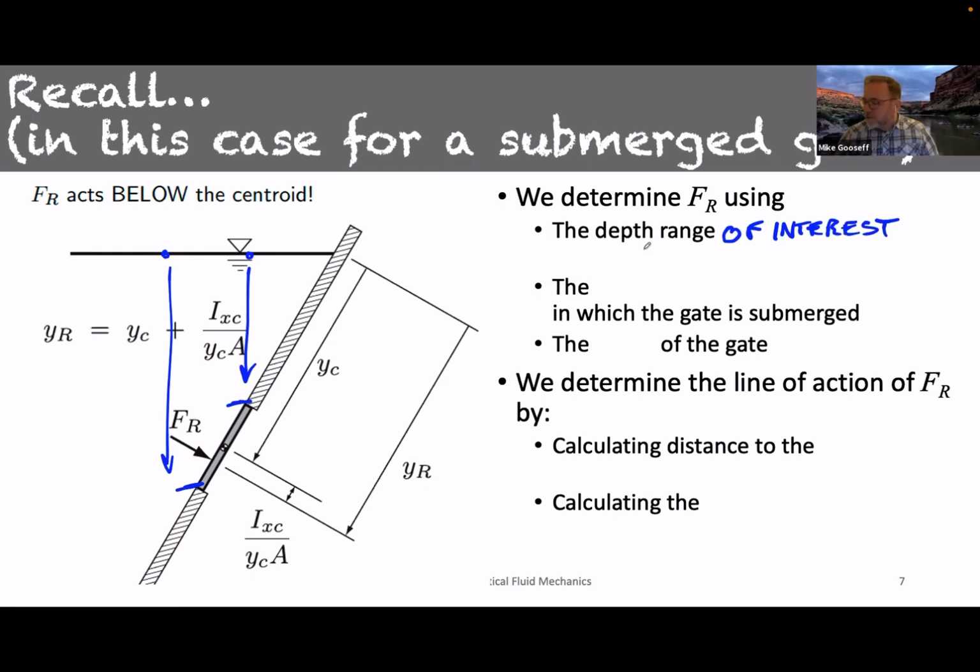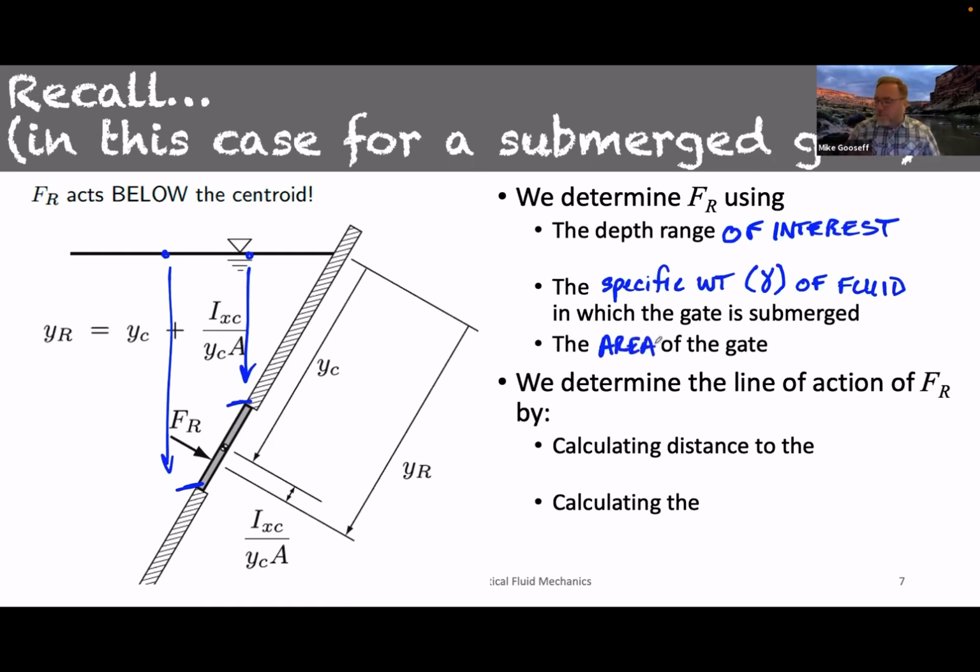So this is some depth range of interest, number one. Number two, we would have the specific weight gamma of the fluid in which the gate is submerged. And then finally, just given this example on the left-hand side, the area of the gate, right?